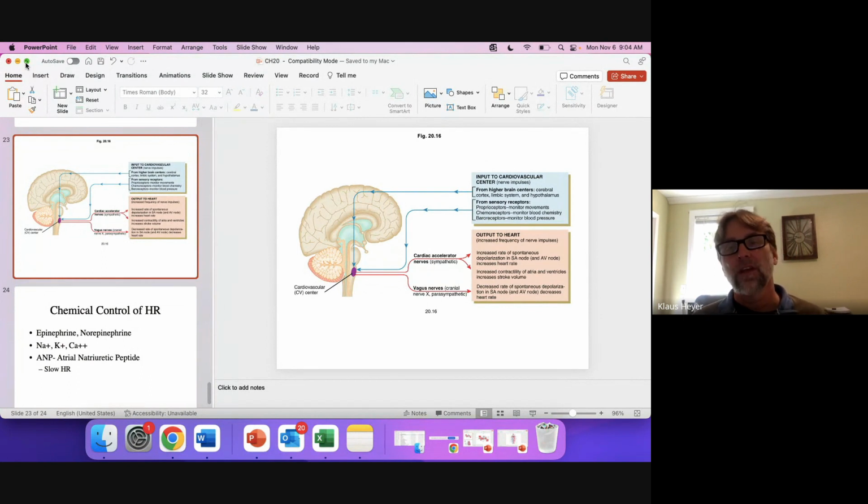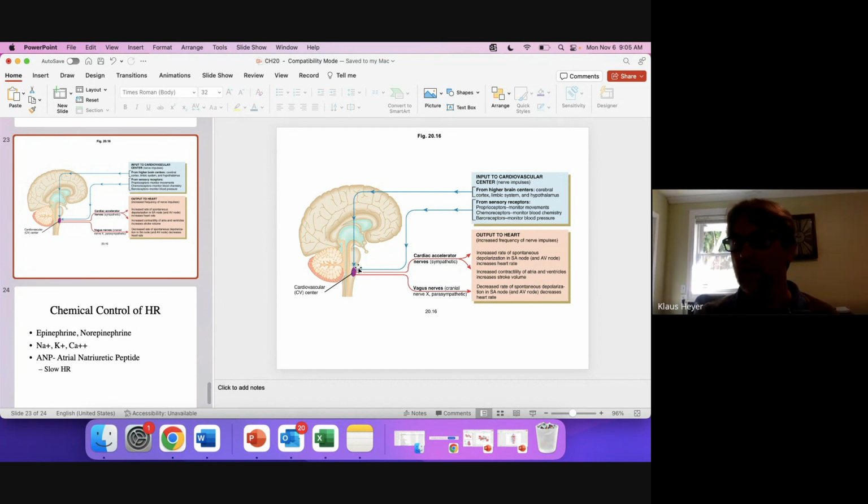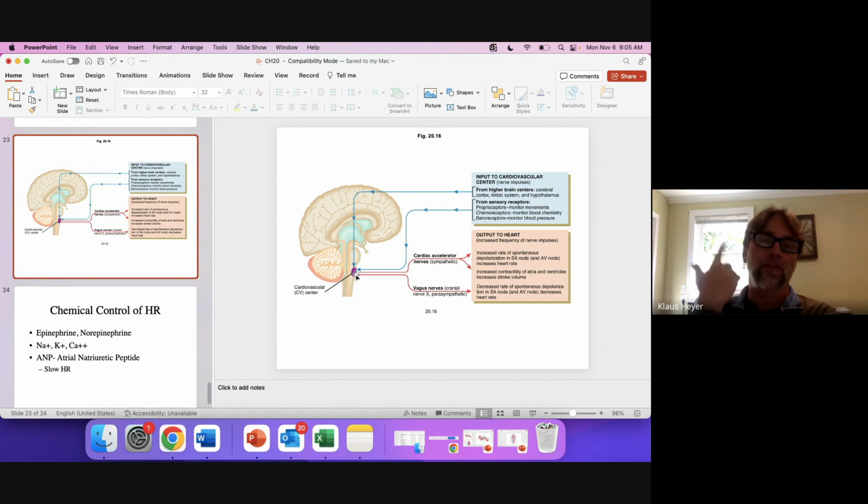You can just write about the receptors that are picking up what's going on with the heart or blood pressure, and then all that goes up to the cardiovascular center in the brainstem, and then signals are sent right back to the heart again. So you've got receptors around your carotids. Signal goes up to the brainstem. Brainstem comes back to the heart.